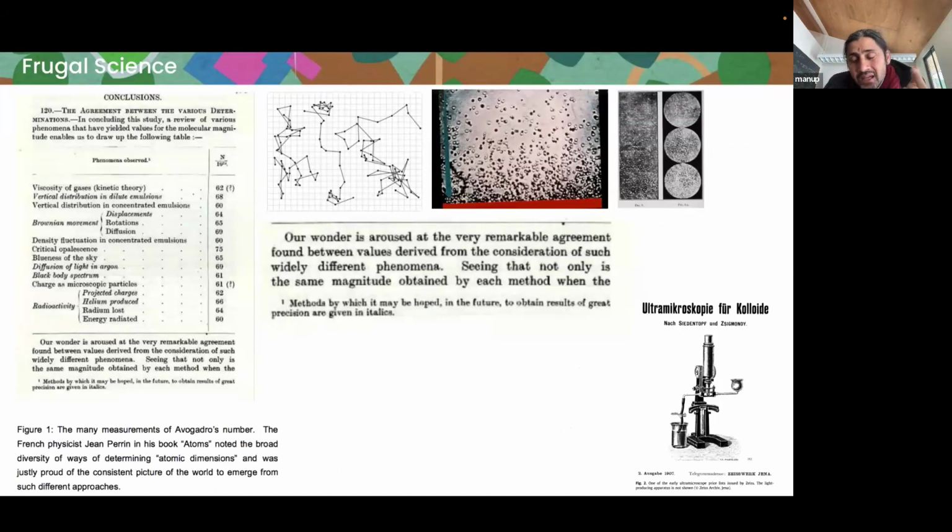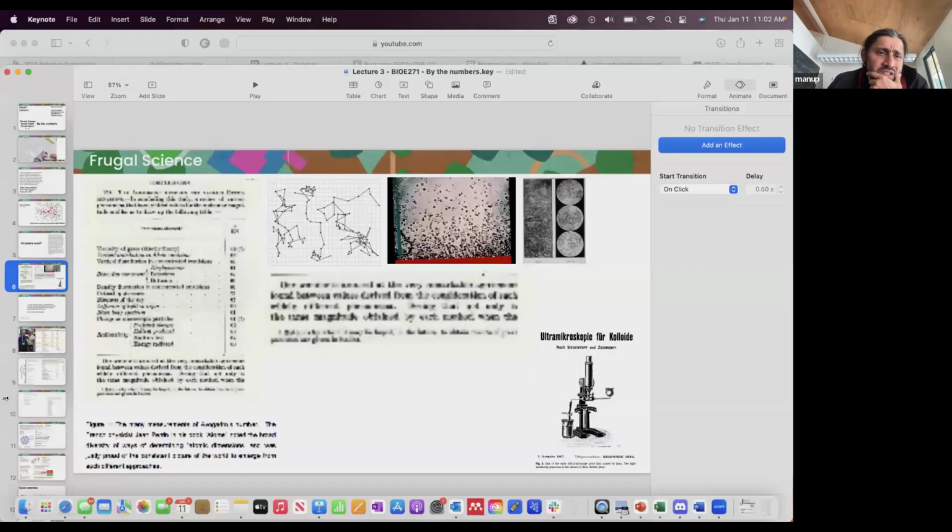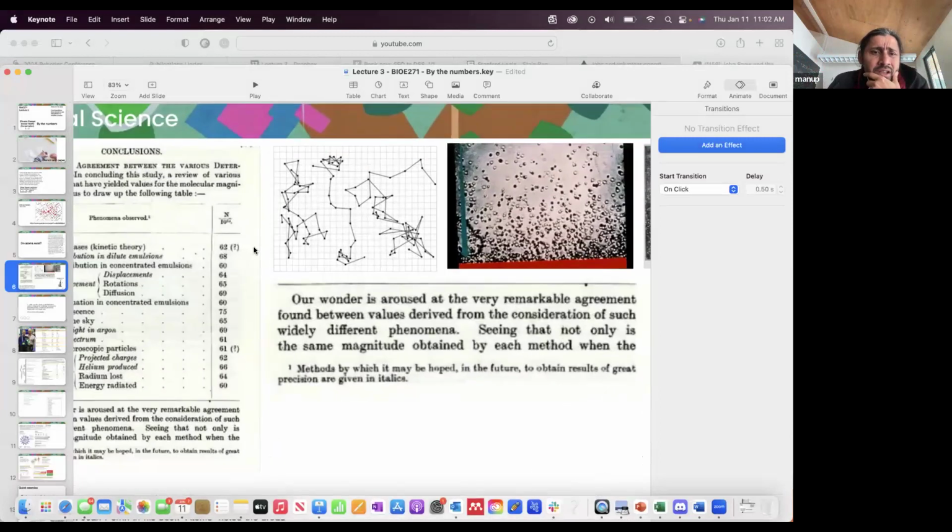Starting with Einstein and then with Jean Perrin, they decided to apply this theory to estimate the size of an atom, essentially by 20 or 30 different methods. You can convert that into Avogadro's number, and you can see here on the plot this little table on the left.